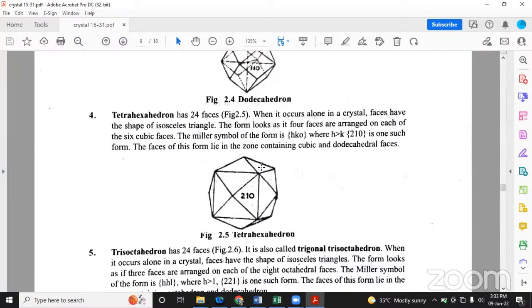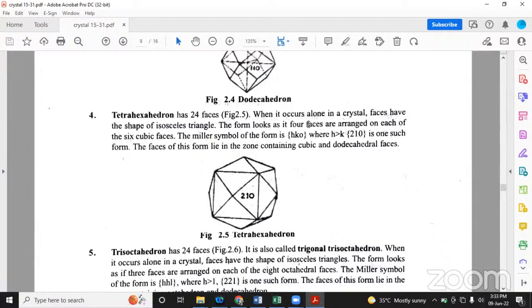24 faces. If you see, 1, 2, 3, 4, one side has 4. So how do we get 24 faces? There are 6 sides, and each side has 4 faces.